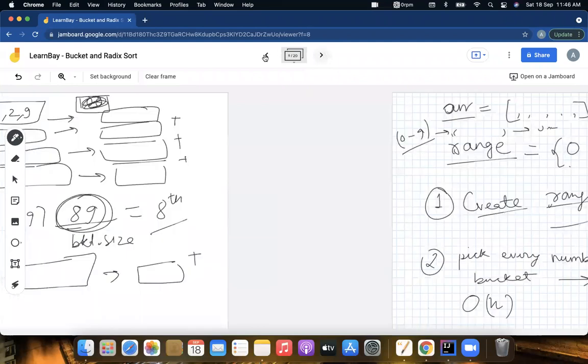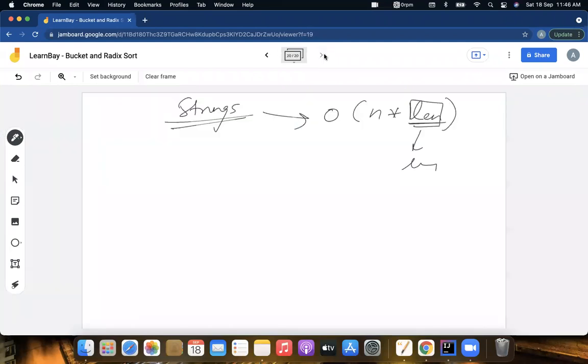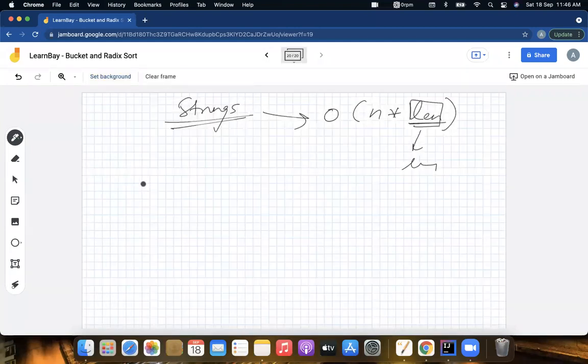And we will do one more thing. We will run this for strings just once for, let's say, 3 strings, simple. So what happens in the first step, guys?